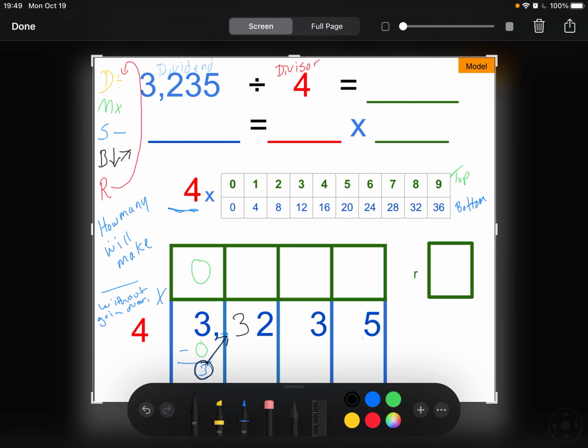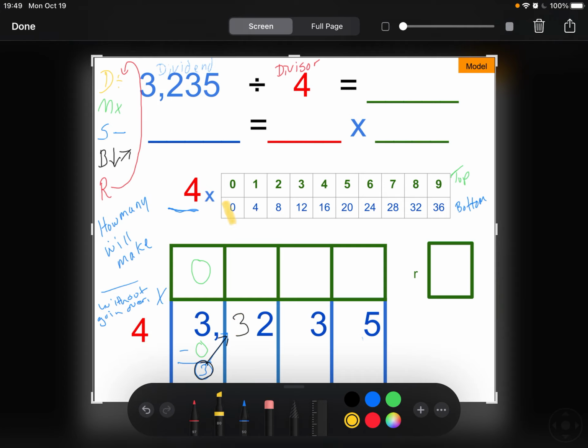Now, I am at this point repeating my steps. Step number 1, which is the division. How many 4s will make 32 without going over?